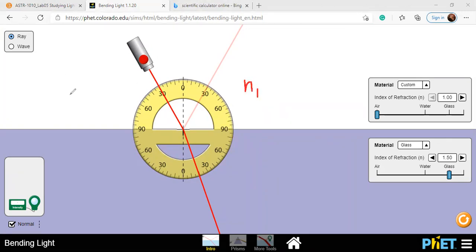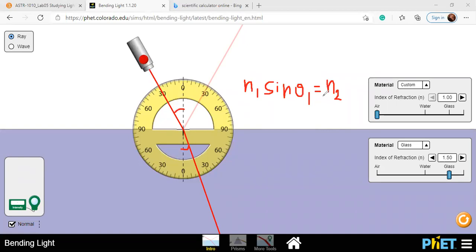N1 means refractive index of this medium, first medium, then sine of theta 1. Sine of theta 1 means sine of angle of incident, this angle, which is 30, right? And then equal to N2. What is N2?